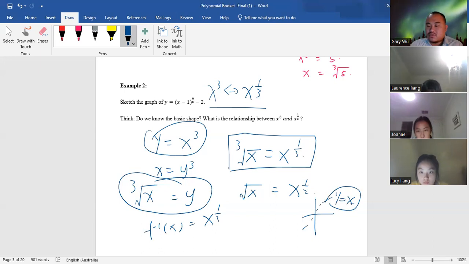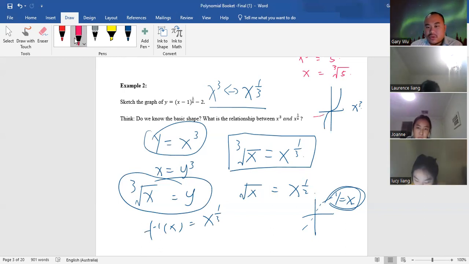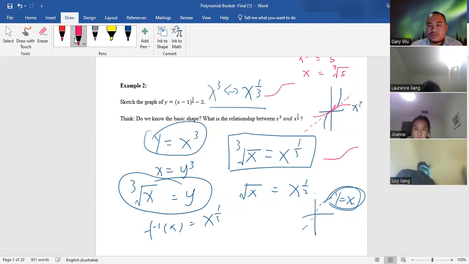Okay, inverse functions reflect over y equal to x. So what does that mean? It means that this one is x to the power 3, so the inverse function would be something like that, because they reflect over y equal to x. So this one would be the basic shape for this. Yeah, so this is the basic shape.